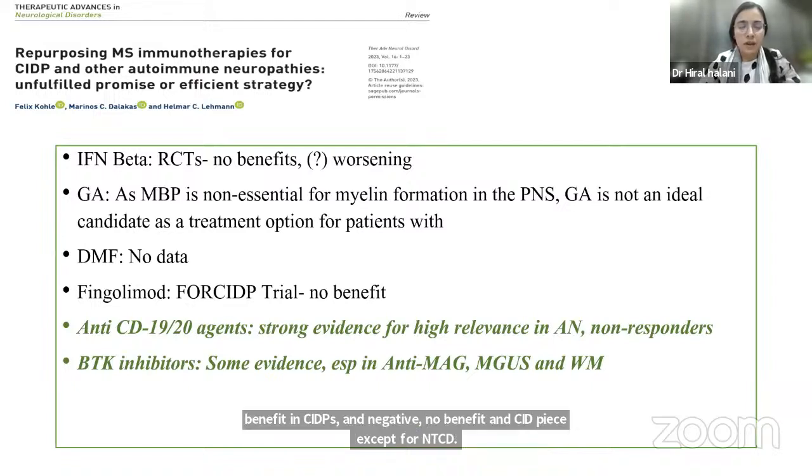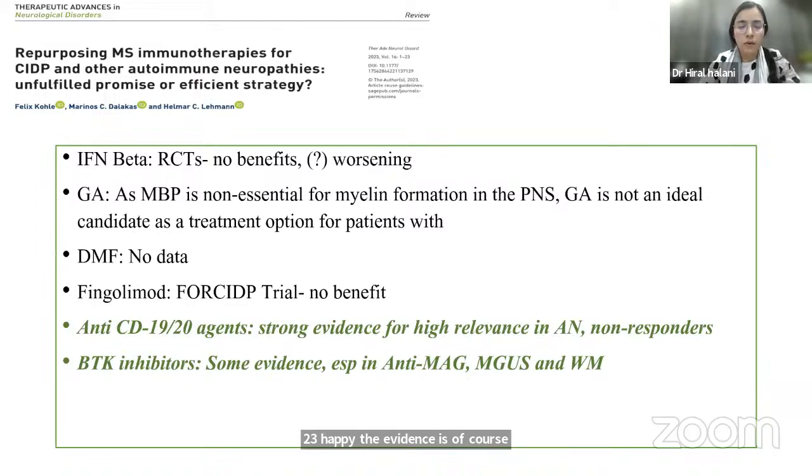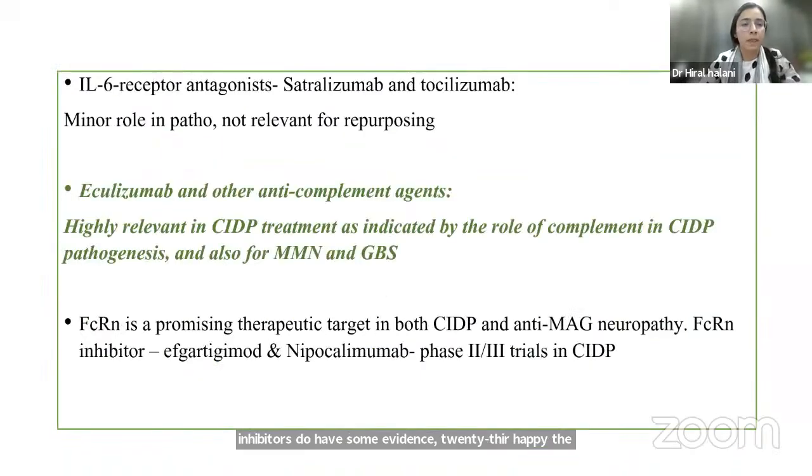Protein tyrosine kinase inhibitors do have some evidence, especially in the presence of paraproteinemias with CIDP. And IL-6 receptor antagonists, which have been recently approved for NMOSD, are again not relevant for CIDP. Complement inhibitors have been studied for GBS, and similarly, they can be studied further. They are relevant in CIDP pathology.